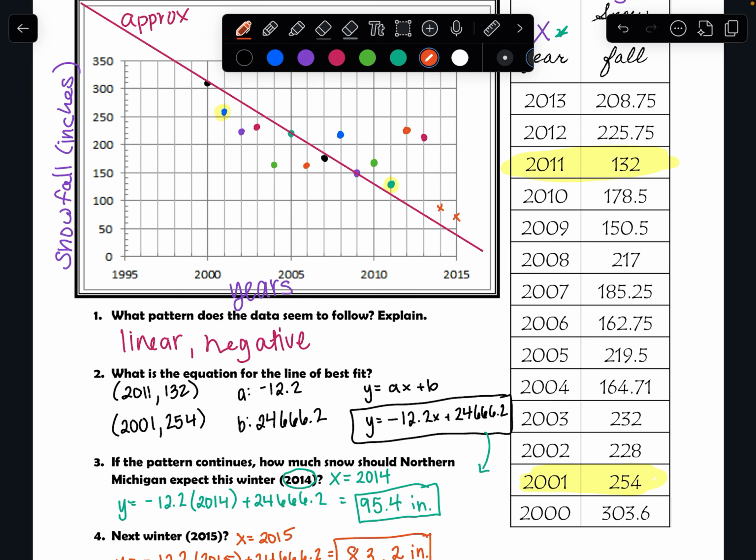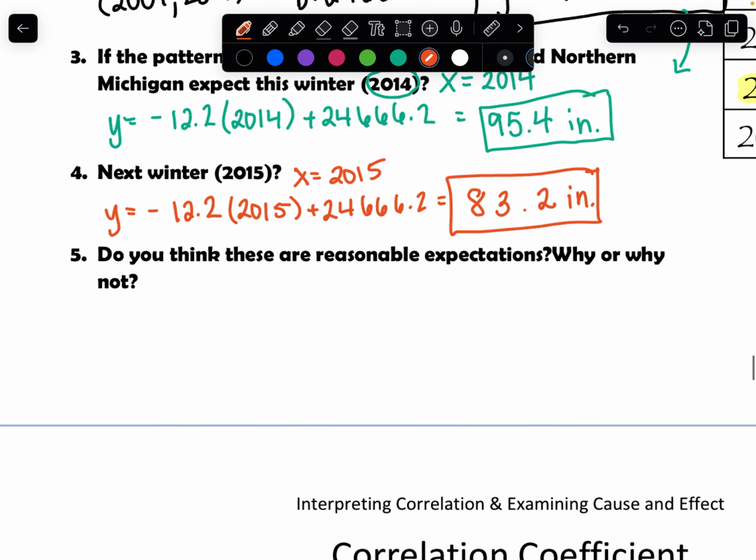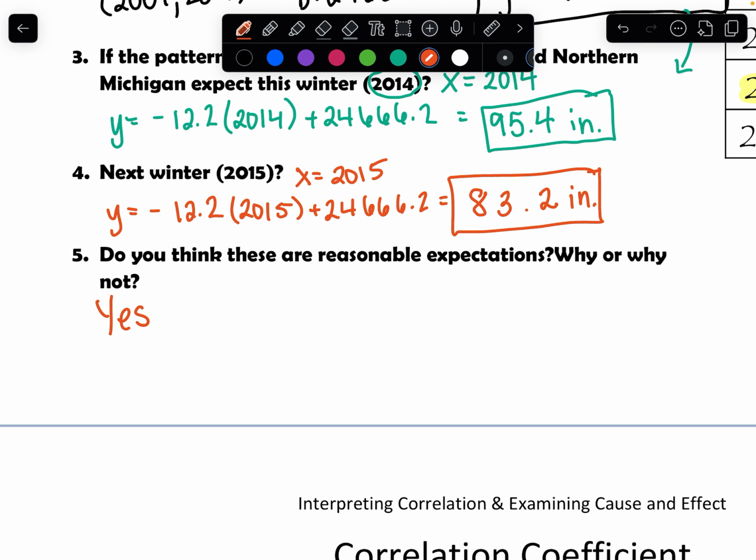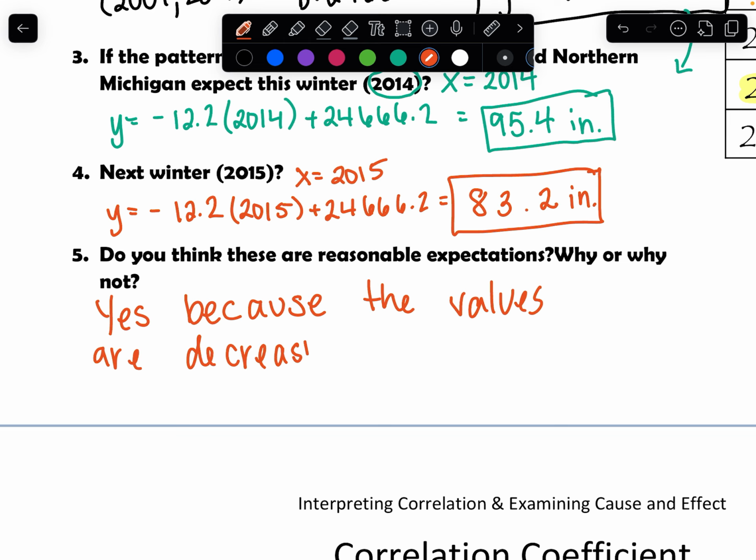Like, it's going down. It's pretty good. So yes, because the values are decreasing. And they're close. There they are. Close to our line of best fit.